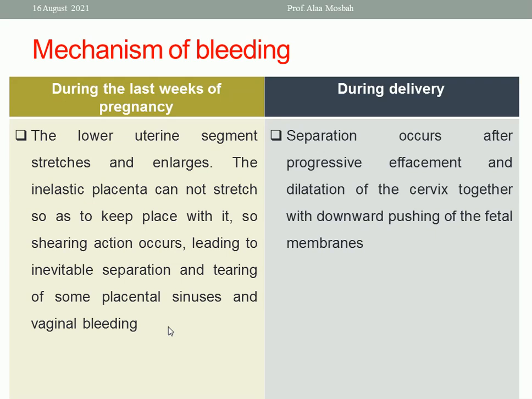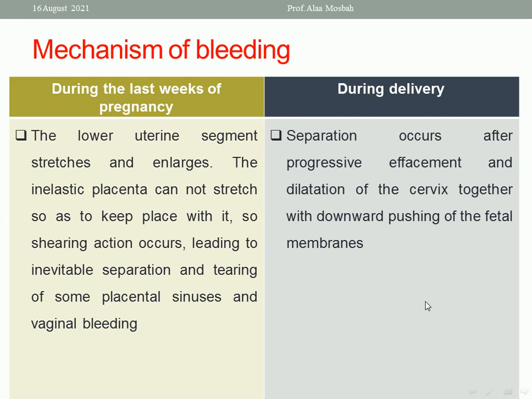That's why this is an abnormal site for the placenta. The placenta is normally implanted high up in the uterus, the upper half of the uterus, posterior, anterior, or fundal. But if it is in the lower uterine segment, the lower uterine segment is going to be enlarged during pregnancy. So shearing movement will cause this separation.